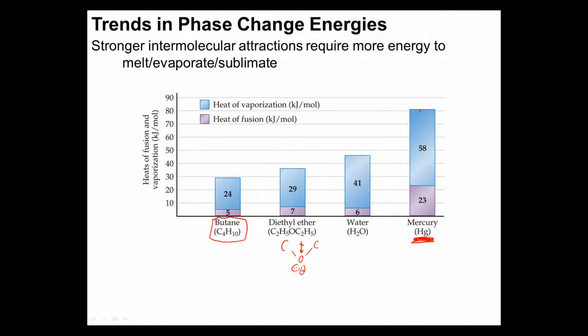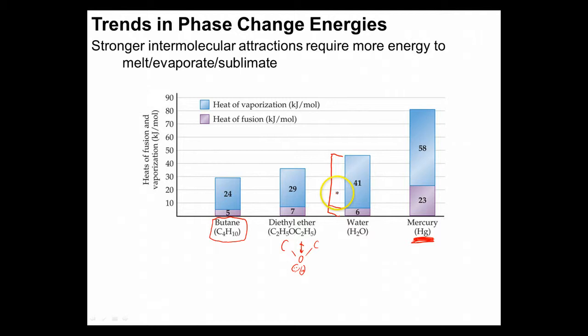Now you might ask yourself, well, wait a minute, you didn't talk about the heats of sublimation, and you brought that up in one of the other videos talking about the terminology. I want to point out, didn't I talk about heat of sublimation? Yes, I did. Because remember, heat of sublimation is simply going to be the sum of heat of fusion and heat of vaporization.